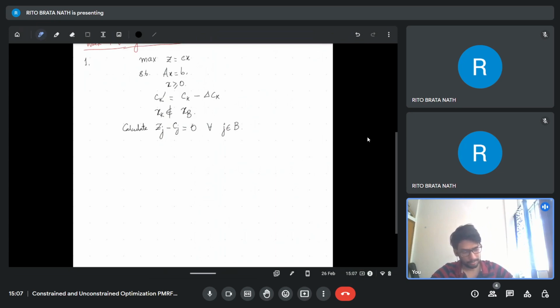And for others, earlier you had this zk minus ck greater than or equal to 0 for non-basic variables. Now your changed solution has ck minus delta ck, right? So this becomes zk minus ck plus delta ck. This is the new reduced cost.